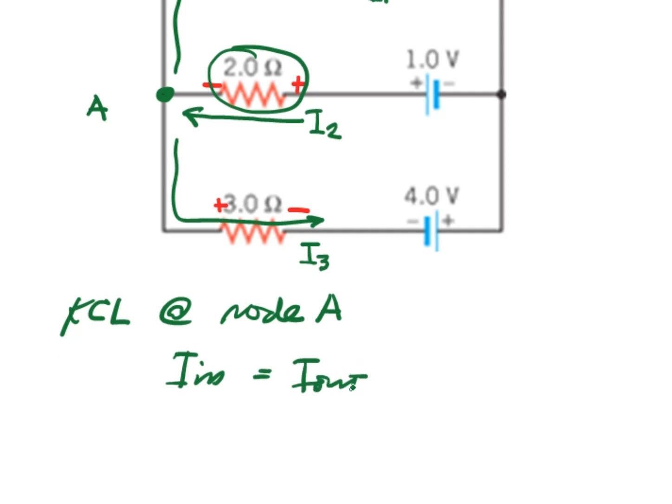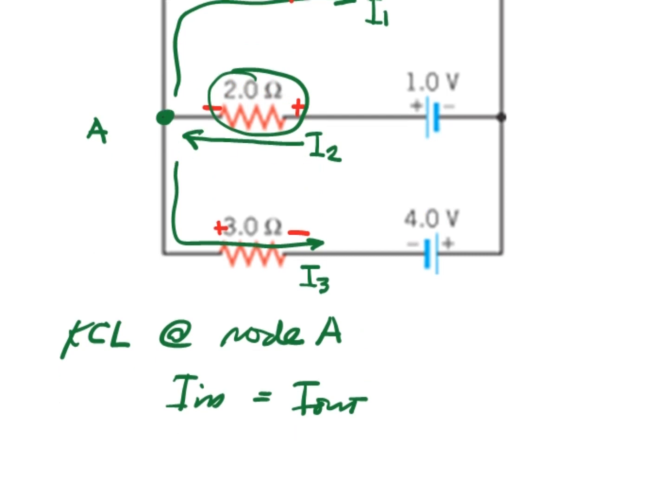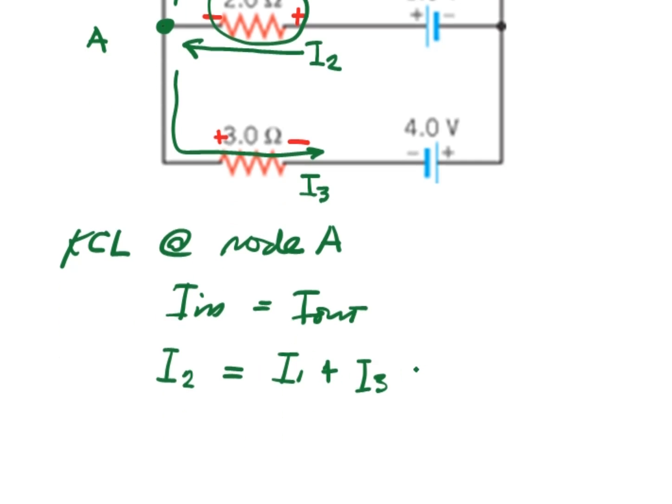The current that goes into the node is I2, and there are two currents that go out, I1 and I3. So we have the equation I2 is equal to I1 plus I3. Let this be our equation number 1.